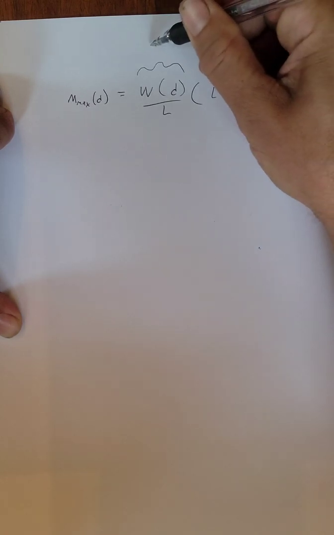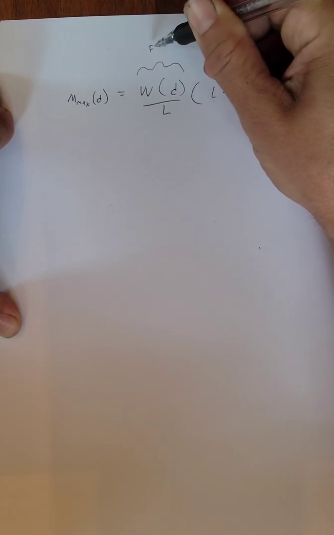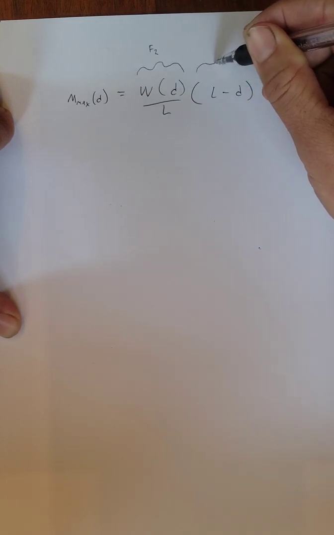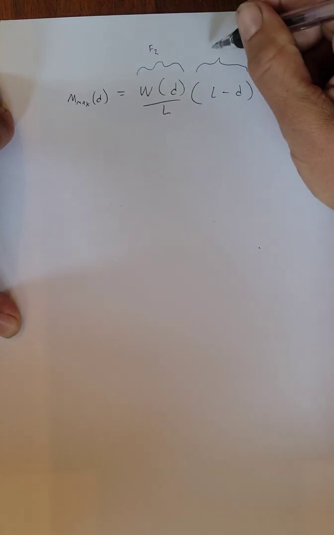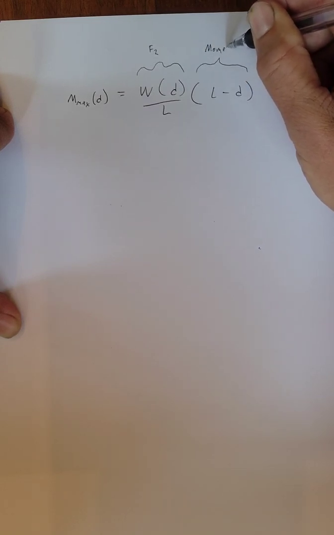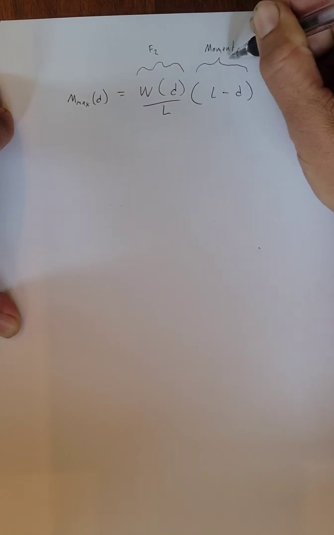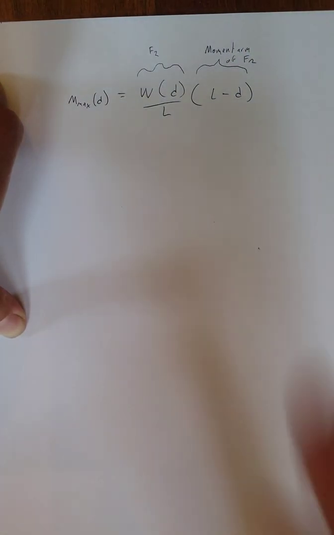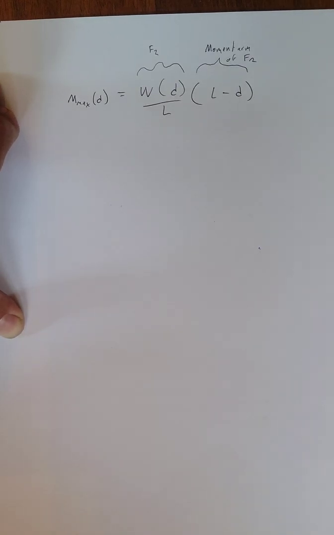So this is F2, and this is the moment arm of F2, and this is telling us what the magnitude of our maximum moment is.